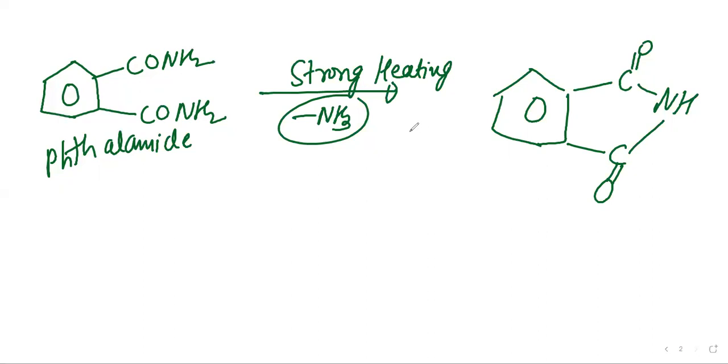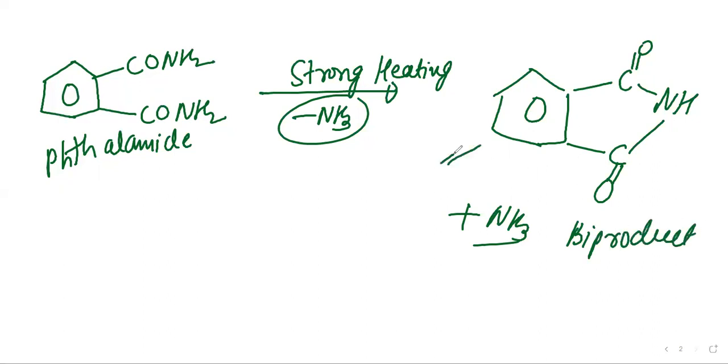Here we have removed NH3, so NH3 will come out as a byproduct. The name of this compound will now be phthalimide.